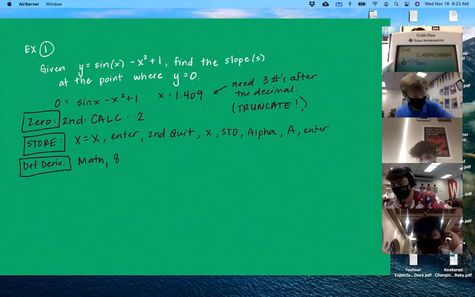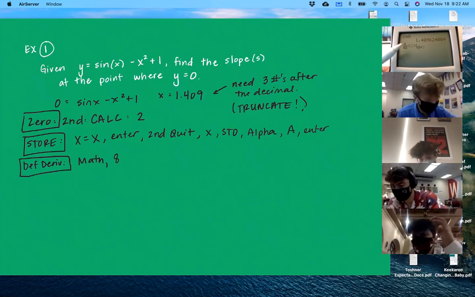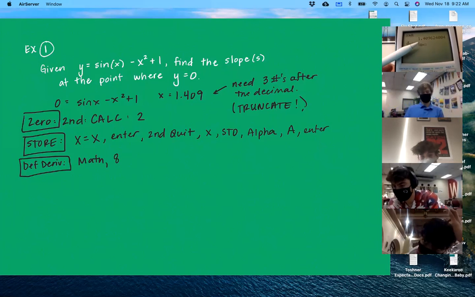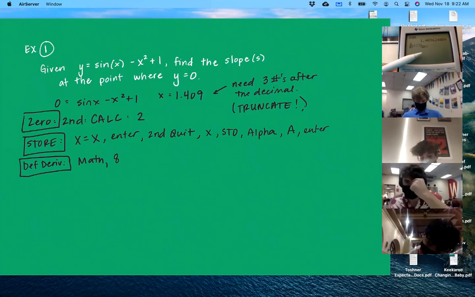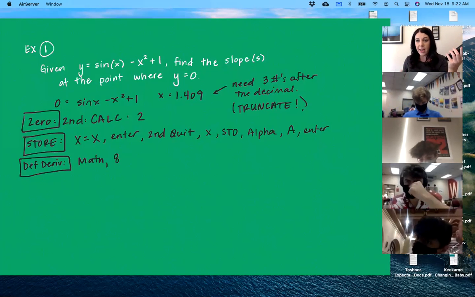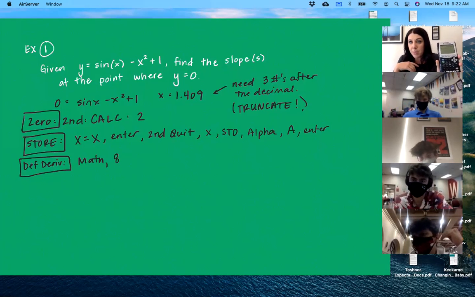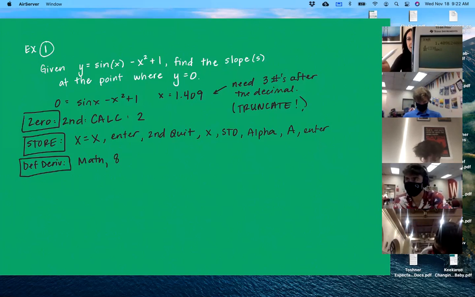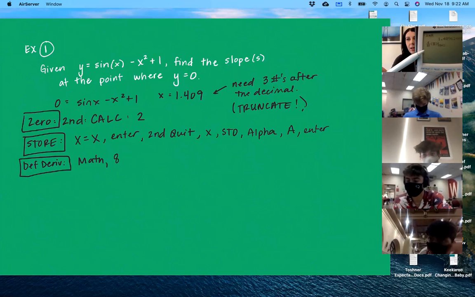But what you'll notice is it says D over D something, parentheses something, and then X equals something. That means we're going to be able to find the derivative at a specific point. So the first thing we need to do is choose what we're taking it with respect to. And we're always going to take it with respect to X. So I just press that X T theta N button so that it's D over dx.